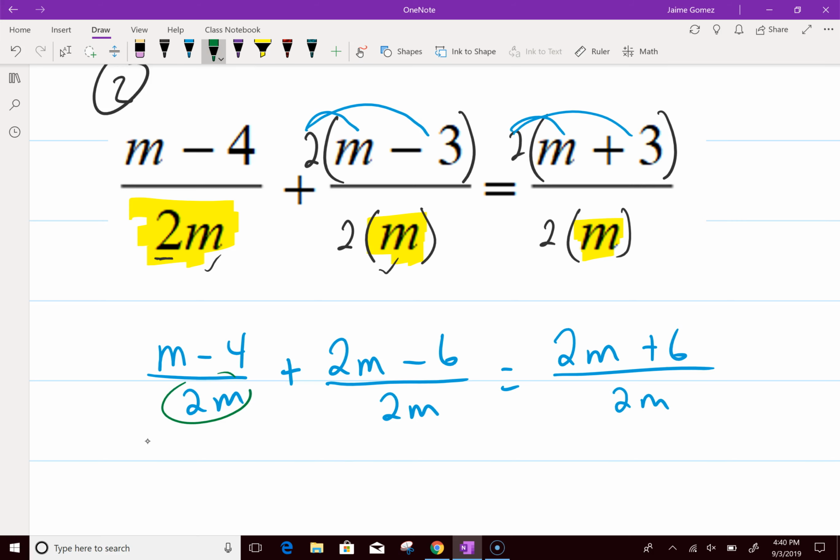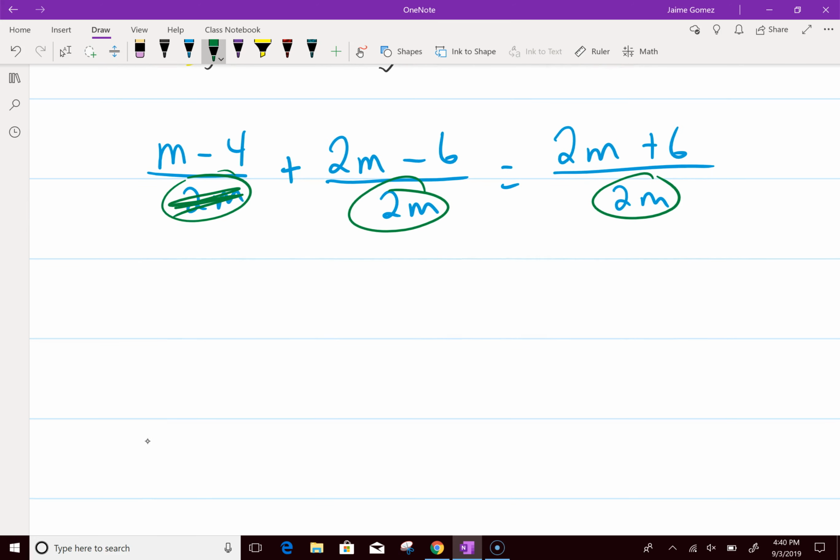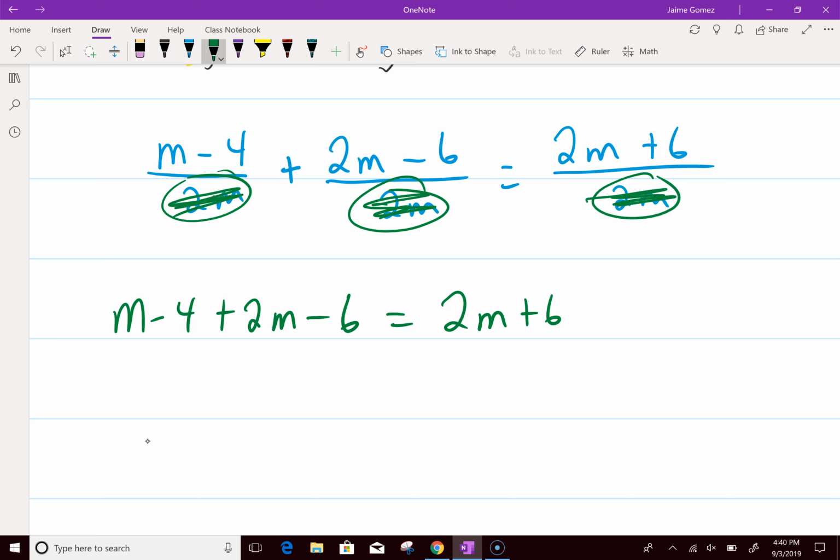Now, common denominator. When my bottoms are the same, what can you do? You can scratch them out. They went away, which means that we have now only the top. m minus 4 plus 2m minus 6 is equal to 2m plus 6. And we're just going to solve. We're going to combine like terms.